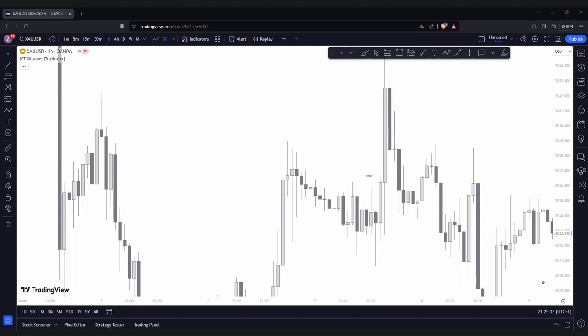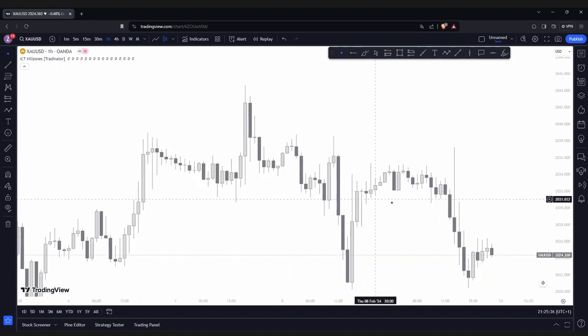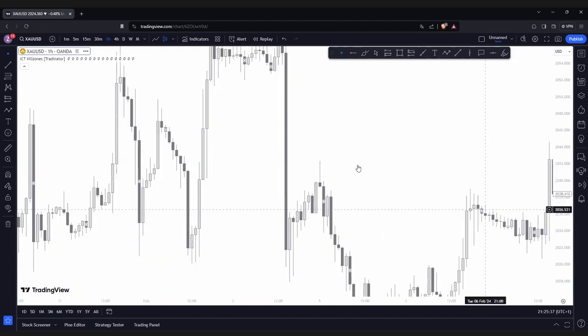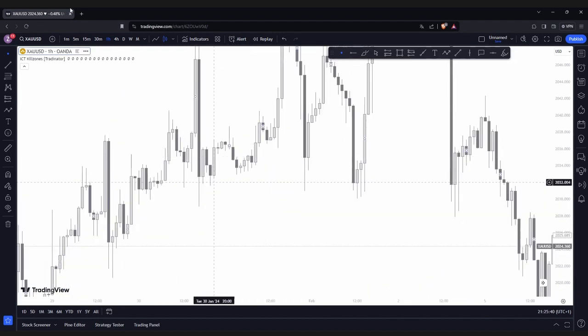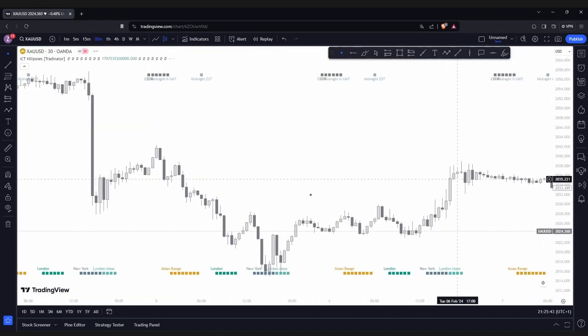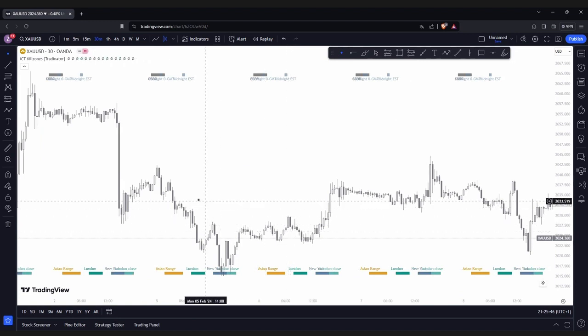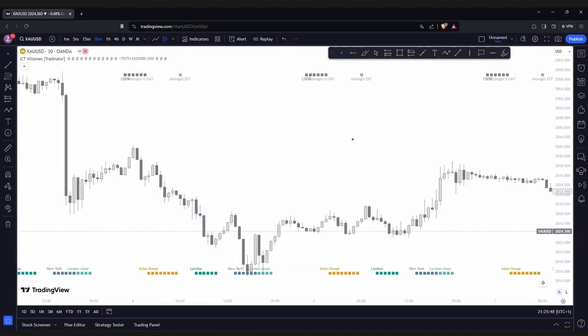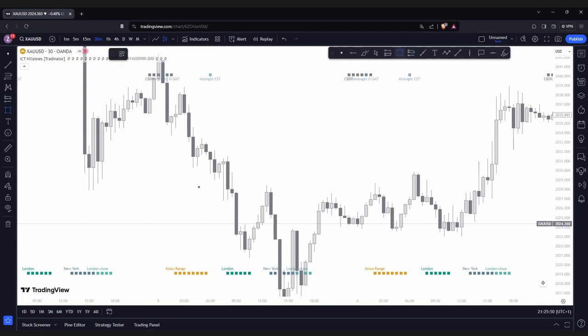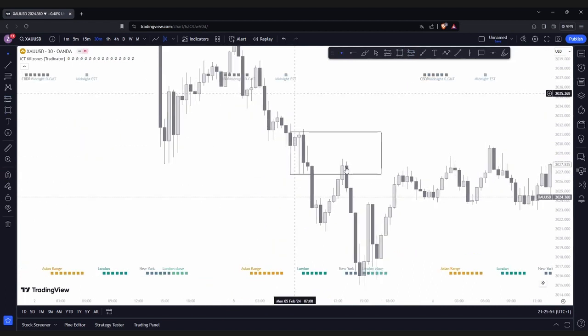So price can basically, I'm going to look for an example right here before. So let's see. Okay, let's take this one. Okay, so you can see the sell right here. This is a normal breakout.